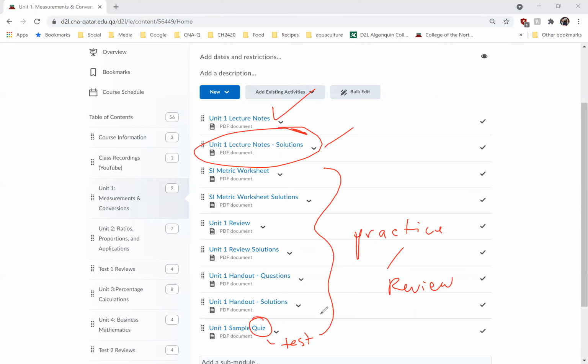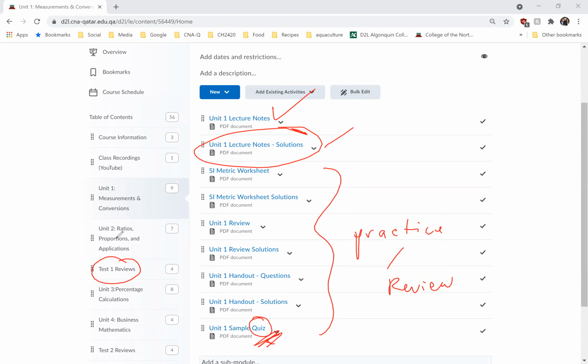Your test will be on chapters 1 and 2. So I guess this is a quiz. Your first test will include units 1 and 2. There's a unit 1 sample quiz, which includes questions from chapter 1.